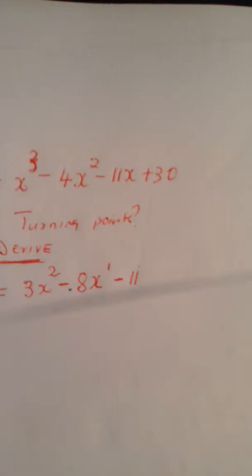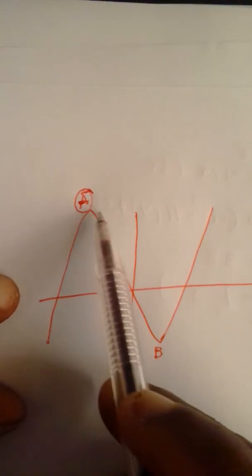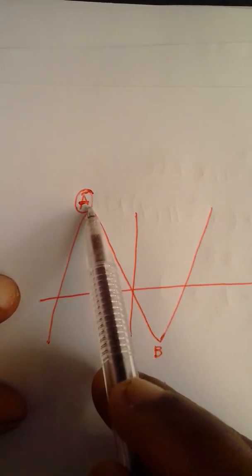So I have a question for you. Let's say they give you a sketch like this, and they say find the coordinates of A and the coordinates of B. What are you going to do, guys? To find the coordinates of A, you look for the turning point. The coordinates of A is the turning point of x and y.